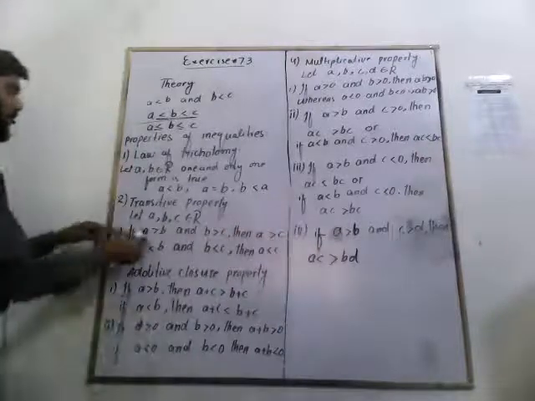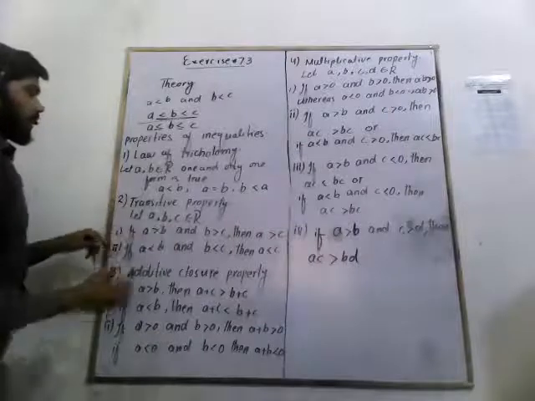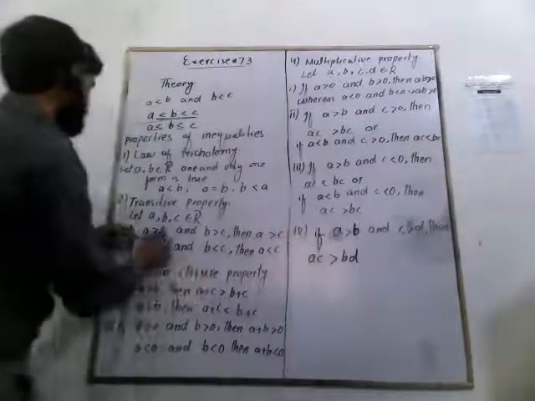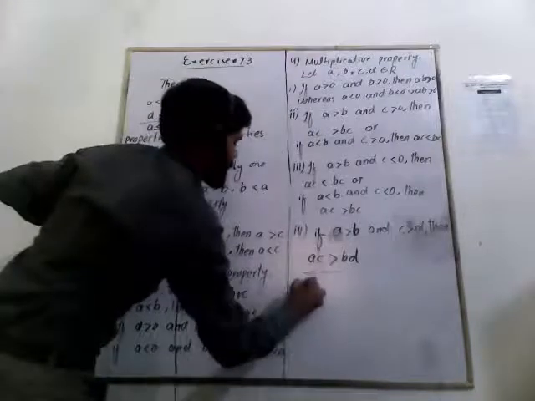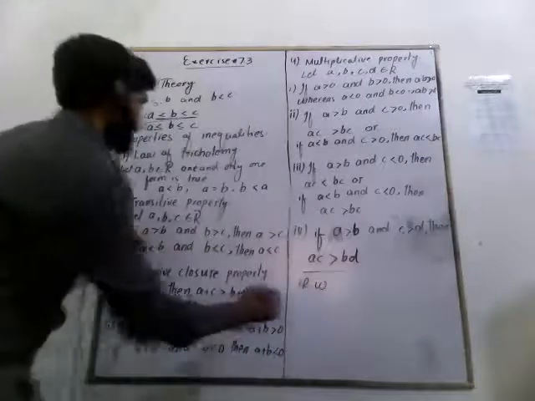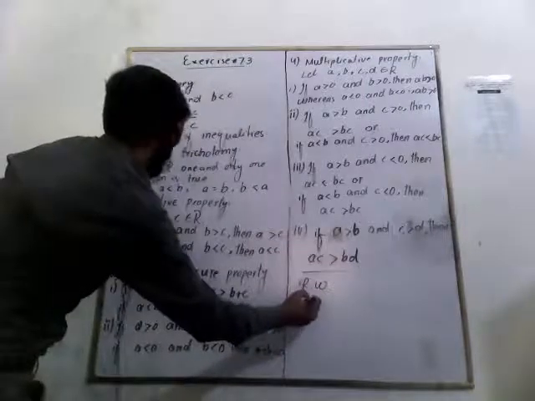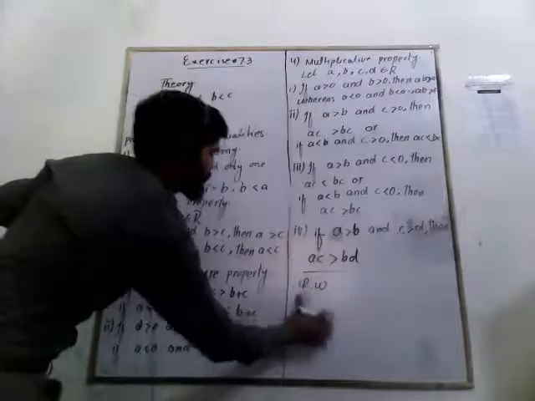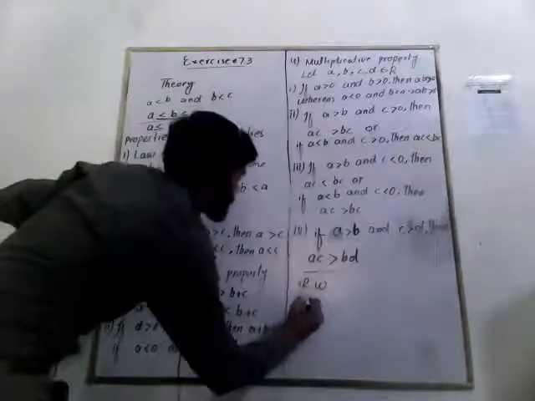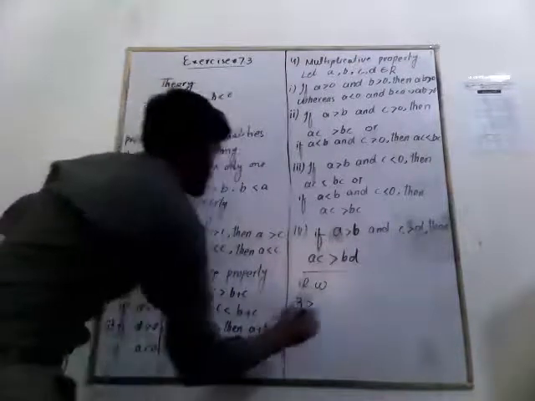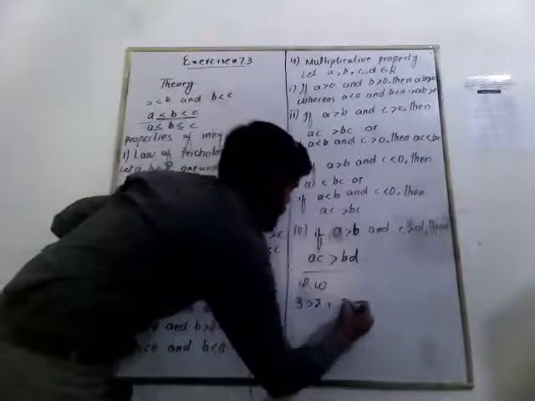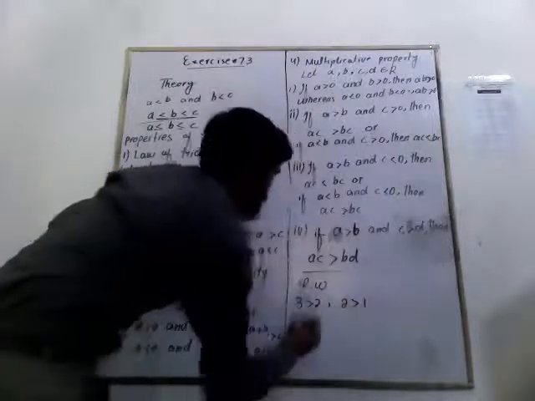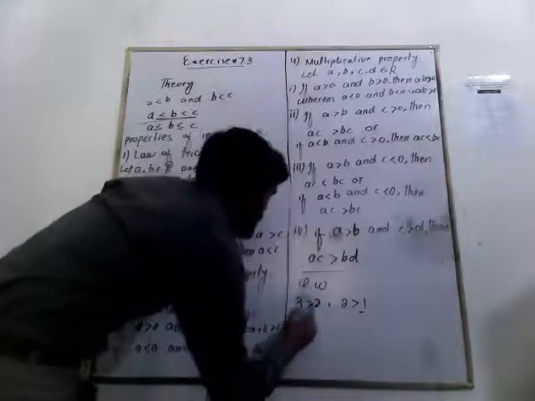For example, in rough work, if a is 3, greater than b is 2, and b, 2, is greater than c, 1, you can say a is greater than c, meaning 3 is greater than 1.